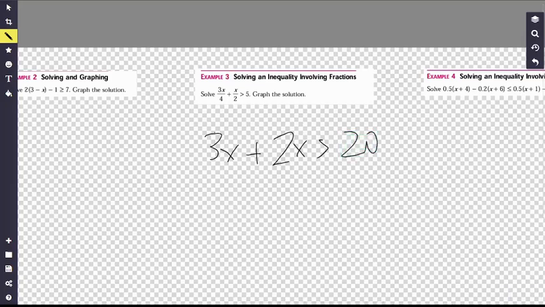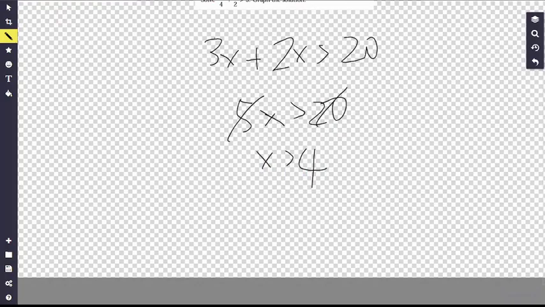Remember, when you multiply one side, you have to multiply the other side. There's no excuse around it. Now we collect the like terms. 5x is bigger than 20. Now we divide by 5, and x is bigger than 4. So finally, here is our answer. For the inequality to work, we have to have an x value greater than 4.